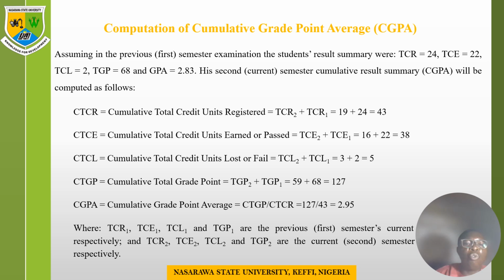So if you do all this calculation, CTGP is 59 plus 68, which gives you 127, and if you divide it by 43, which is the CTCR, the cumulative total credit unit registered, you will get a CGPA of 2.95, where TCR, TCE, TCL, and TGP1 are all from the previous first semester.